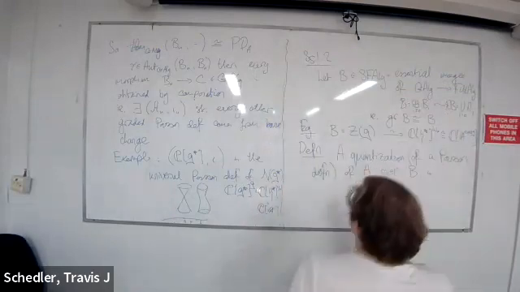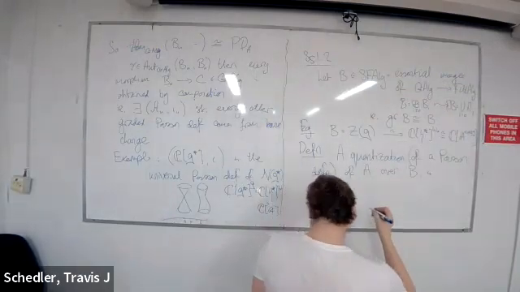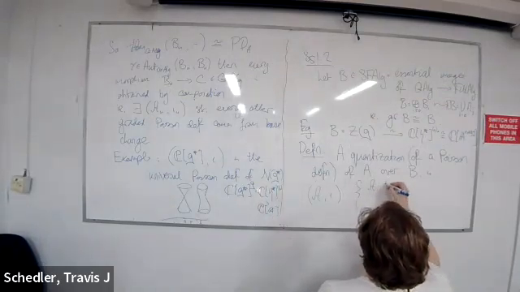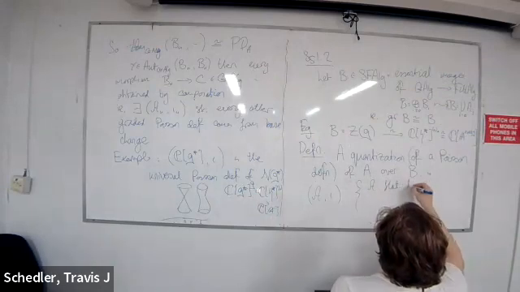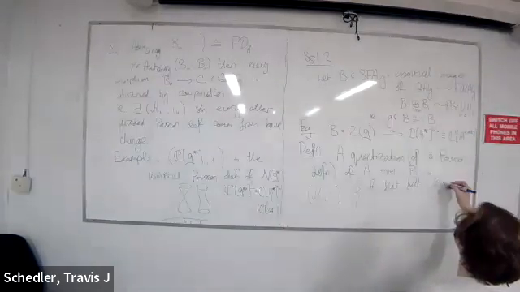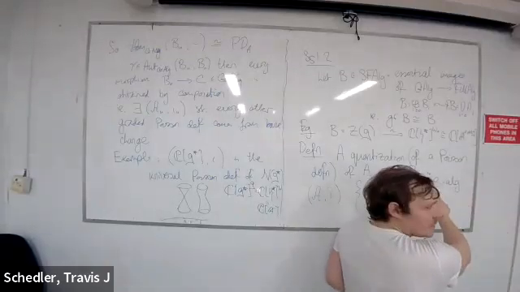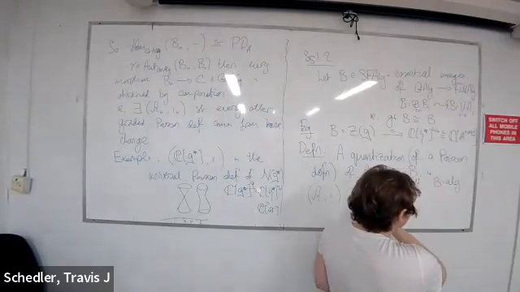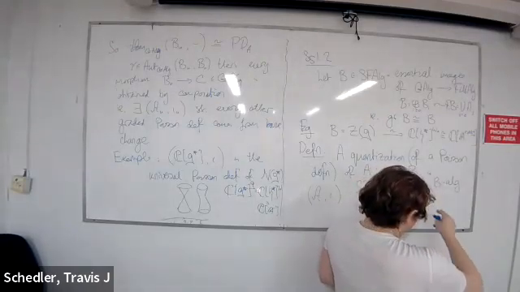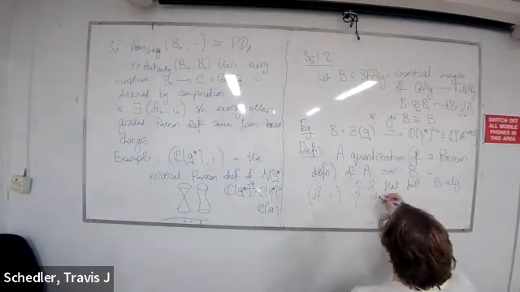It's given by two pieces of data: a curly A and an iota, where curly A should be a flat filtered B-algebra. Again, assume that the structure map that goes from B to curly A maps to the center of this algebra, and it should be almost commutative in degree minus d.